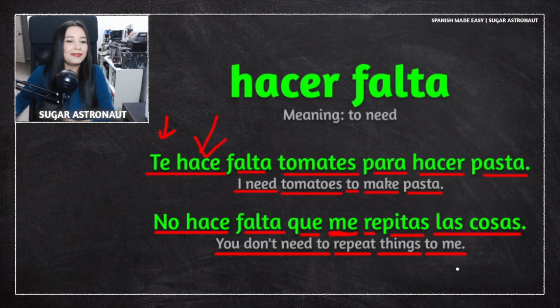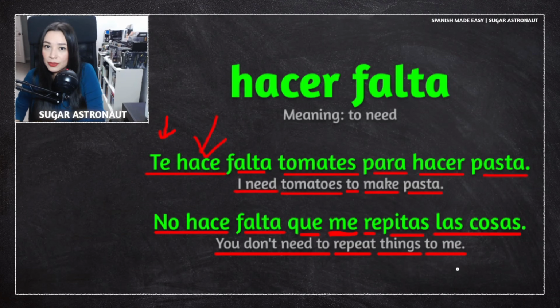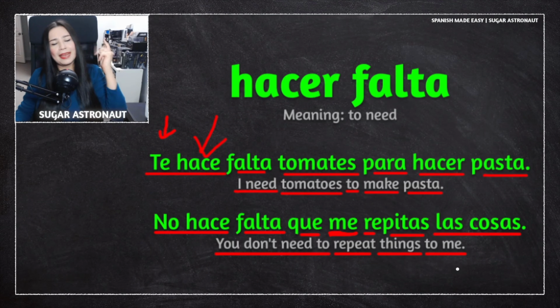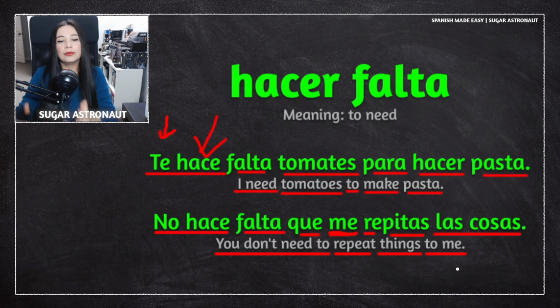So no hace falta que, you don't need to, me repitas, repeat to me las cosas. No hace falta que me repitas las cosas. You don't need to repeat things to me. That's what it means. And that's how it works.